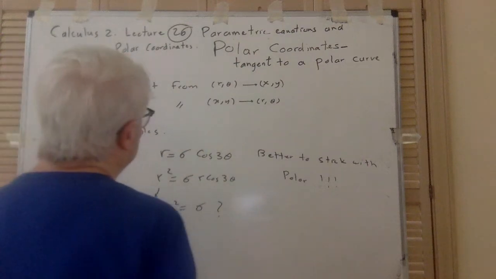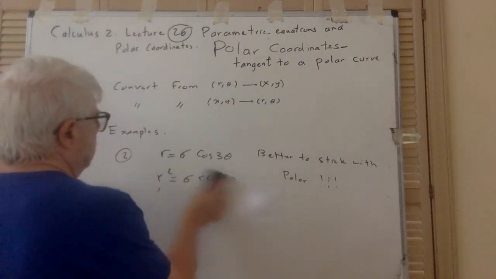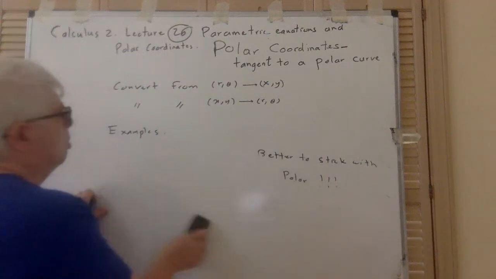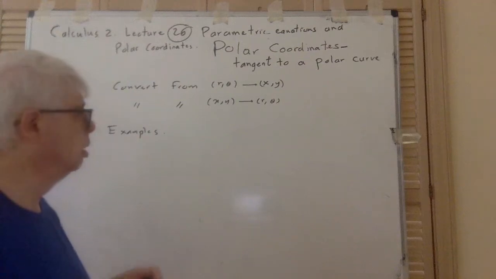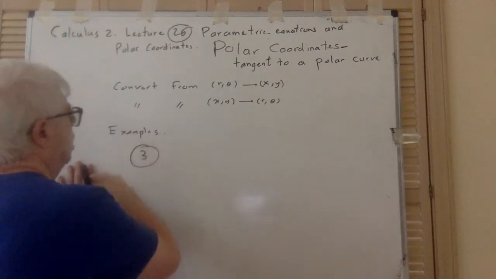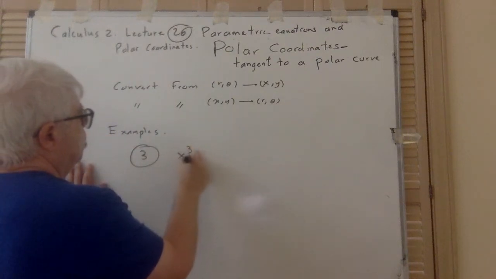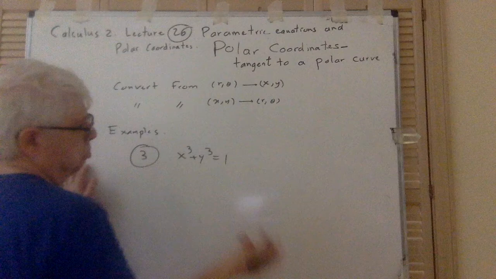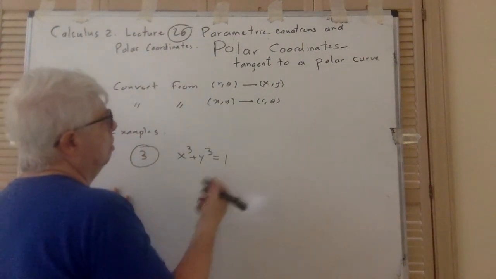Now another thing is lines. What are lines? First of all, let me go from xy to r theta, with examples where the power was 2 or 3, say. So say you have x cubed plus y cubed equals 1. Then you want to write down the polar form. It's very simple.